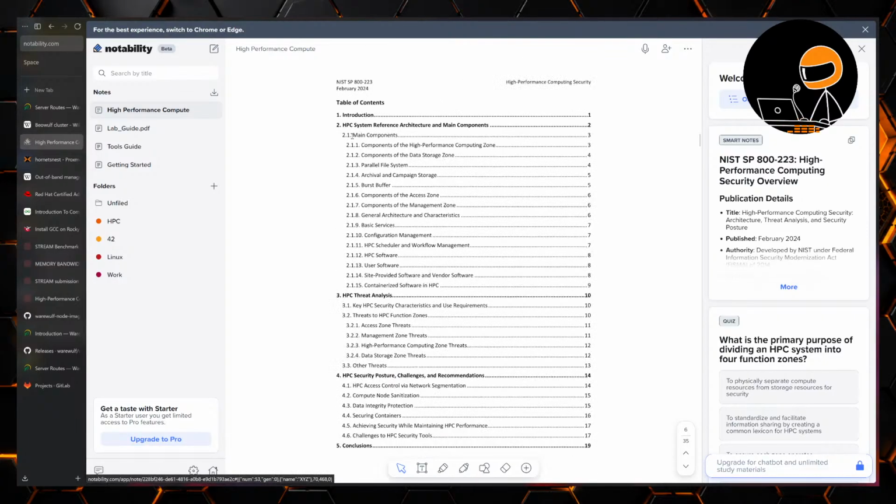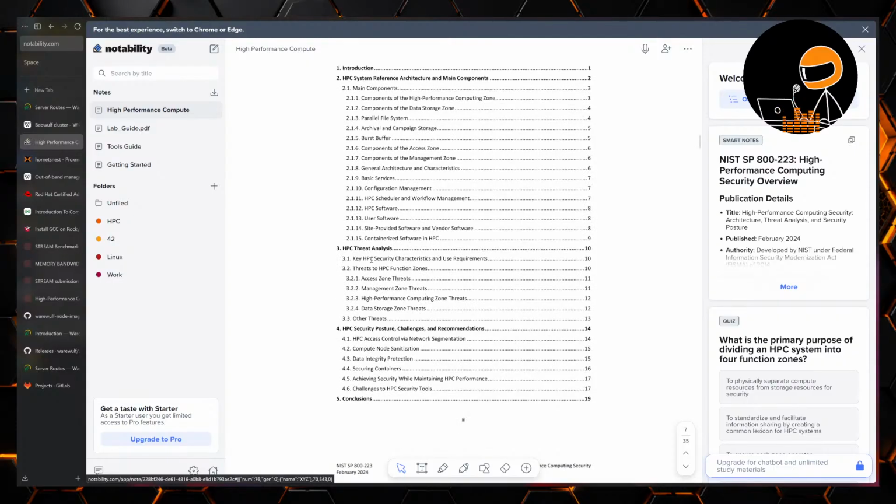So, table of contents. Main components of high performance computing zone, components of the data storage zone, parallel file system, archival and campaign zone storage, burst buffer, components of the access zone, components of the management zone, general architecture and characteristics, basic services, configuration and management, HPC scheduler and workflow management, HPC software, user software, site provided software and vendor software, containerized software, and HPC.